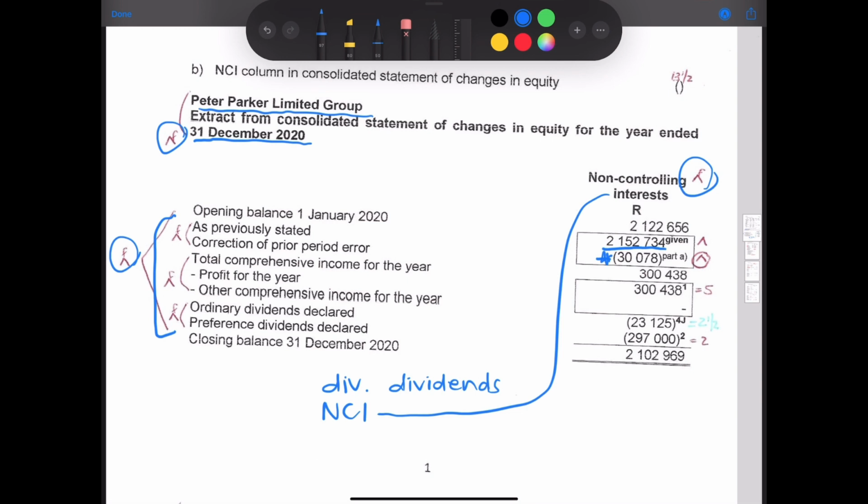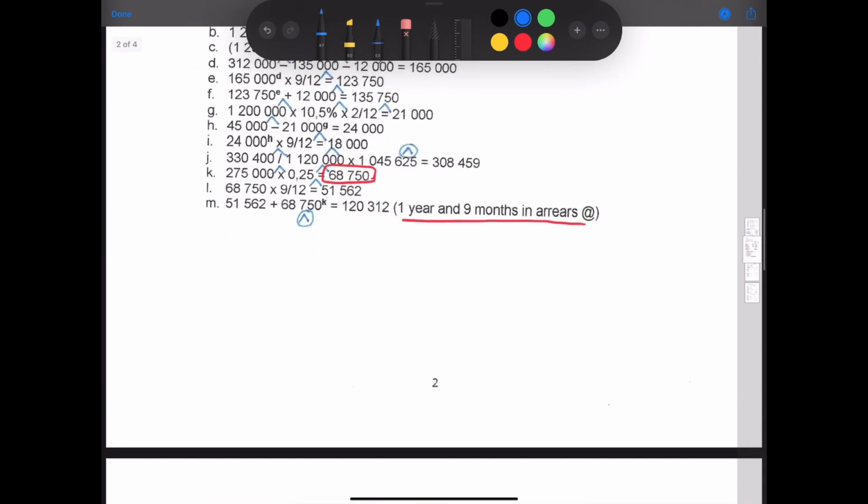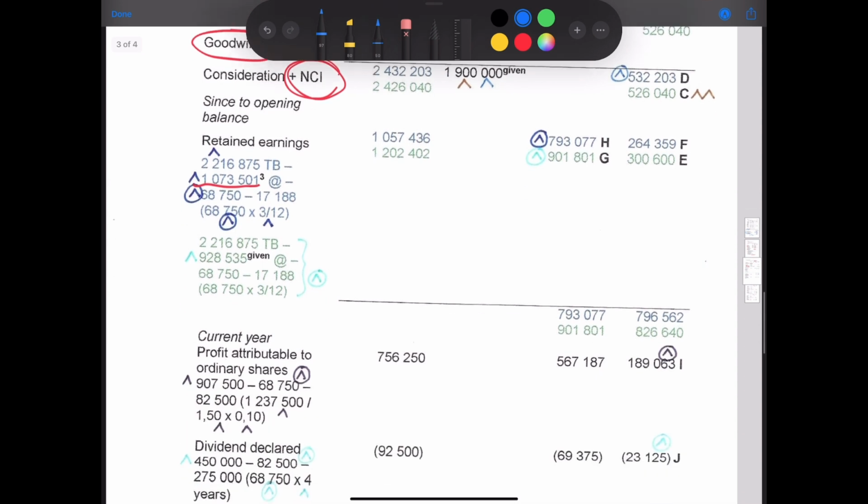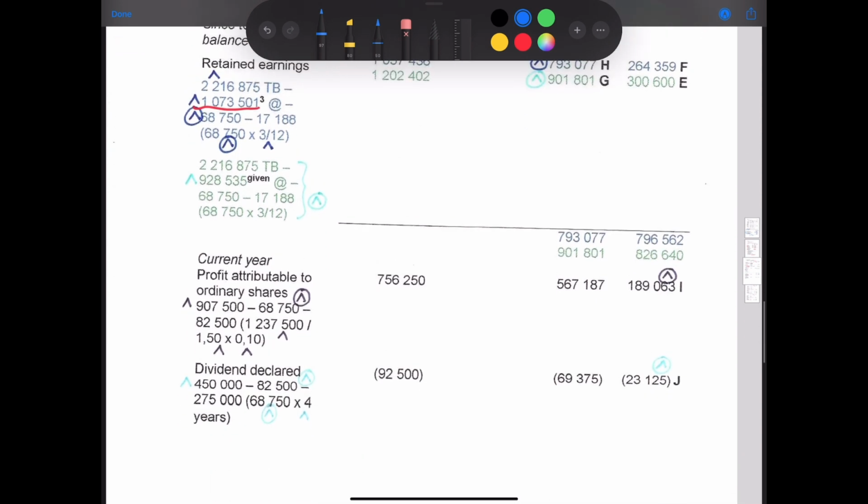Let's look at some of the calculations for the amounts in your statement. So for the ordinary dividends declared amount, the 23,125, this comes from your ordinary share analysis. In the analysis, they use the amount of 450,000. This amount was given to you in the information, and it is the dividends declared by the subsidiary.